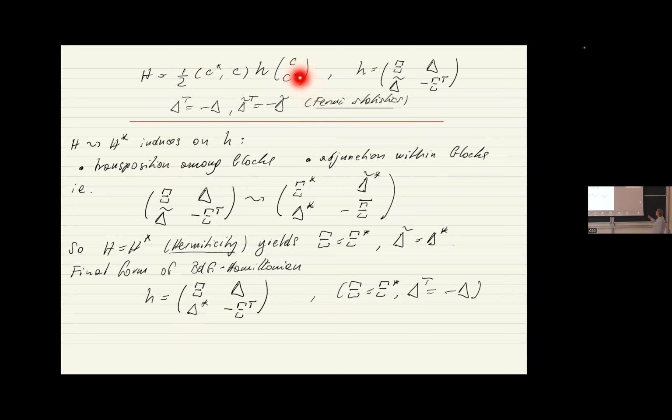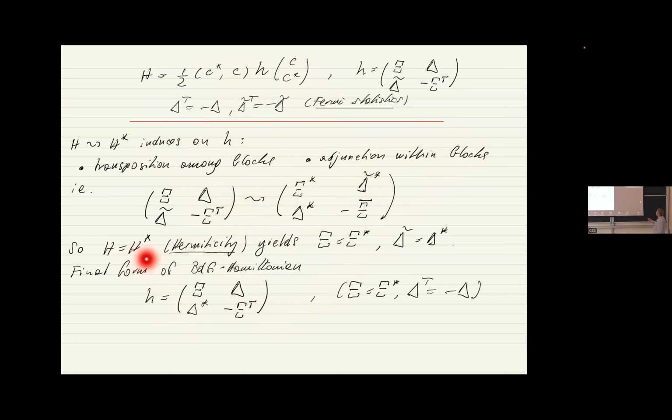So this means some transposition among blocks, but also the star itself means adjunction within blocks. And so if you do these two operations on little h, adjunction within the blocks but also transposition between the blocks, you get the delta and the delta tilde down there.